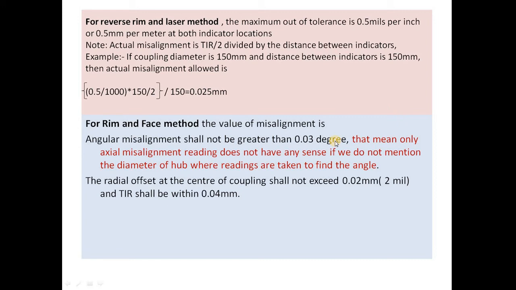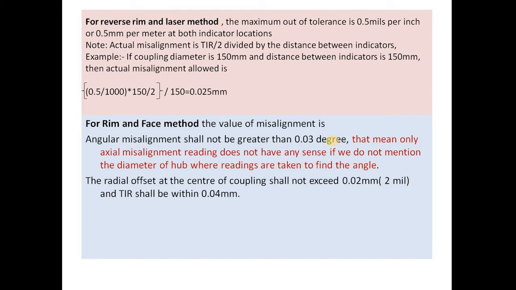Normally we say axial misalignment is some value, like 0.3, 0.75, 0.8, 0.1 millimeter, but that does not mean any axial misalignment by itself. You have to divide it by the diameter of the coupling, and that will give you the angle, and only then it has meaning.